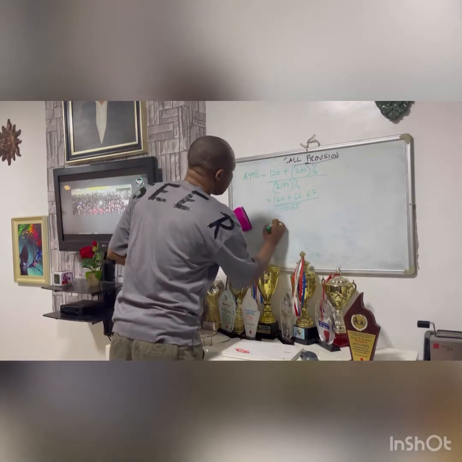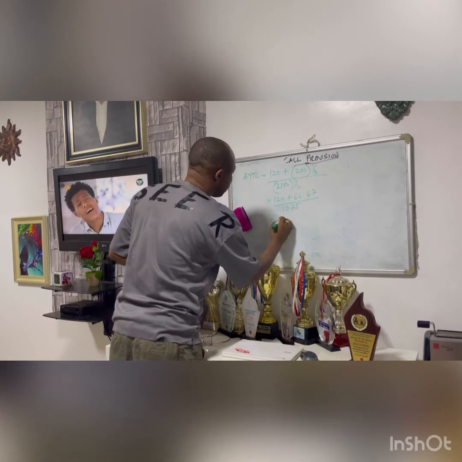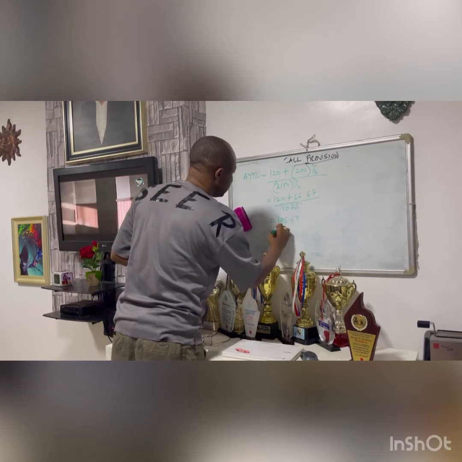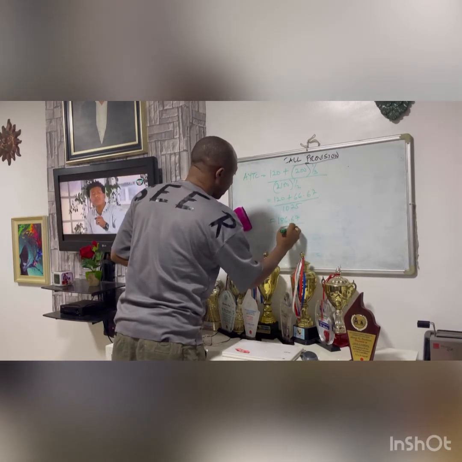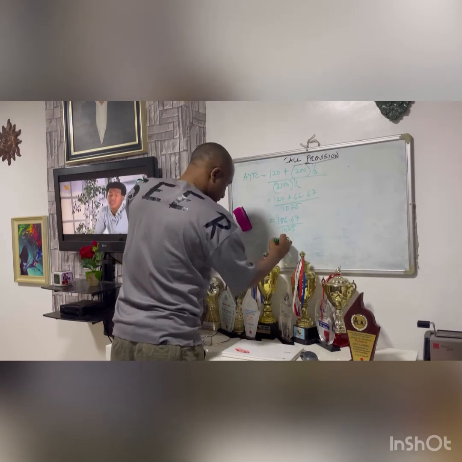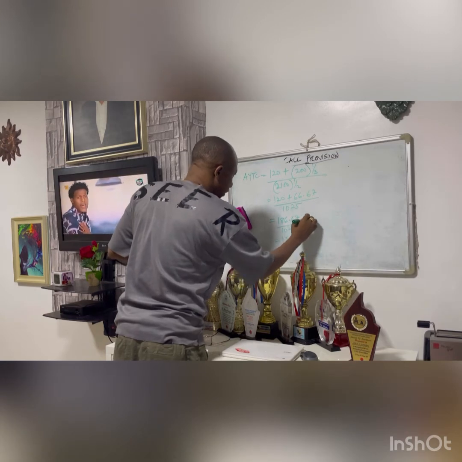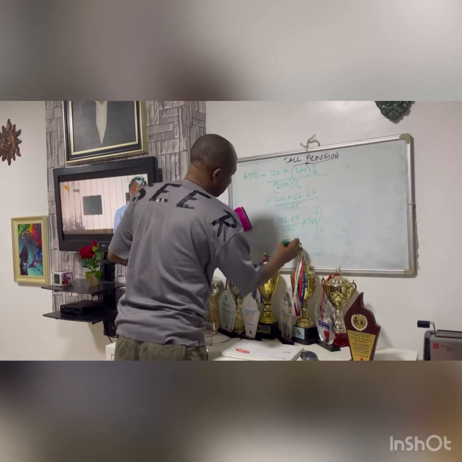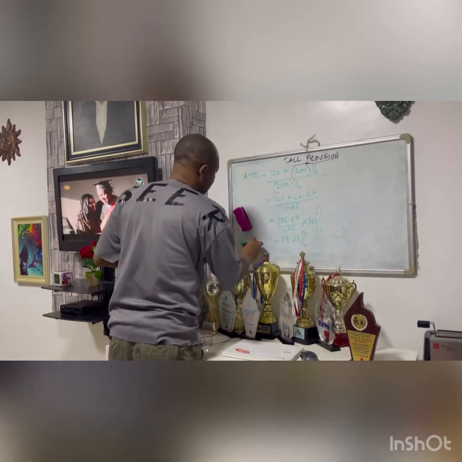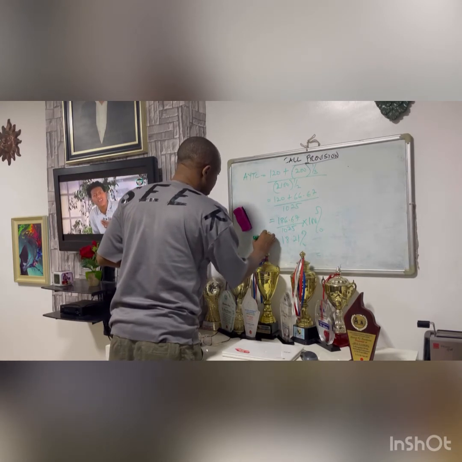So if we add these two, we have 186.67 divided by 1,025. If we divide it, that should give us 0.1821. Now multiply by 100 to convert to percentage, that should give us 18.21% as the approximate yield to call.